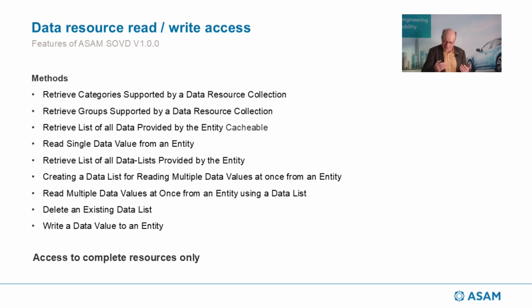That's a dynamical data list, because you say, I want to have now a data list which contains Anton and Caesar, and afterwards you make a read access to these two resources and receive the values in one step. Yeah, we have also the write of data. This is not for data list, and the data list of course must be created, so the data list is also deleted at the end.